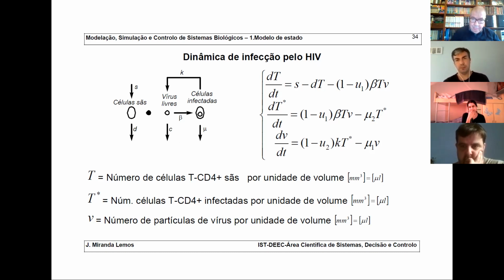I would say yes, because we can have a patient that doesn't have the virus. The healthy person. So in the healthy person, what is the equilibrium? It's very simple: T star and V would be 0. And the healthy T cells would be equal to 1?